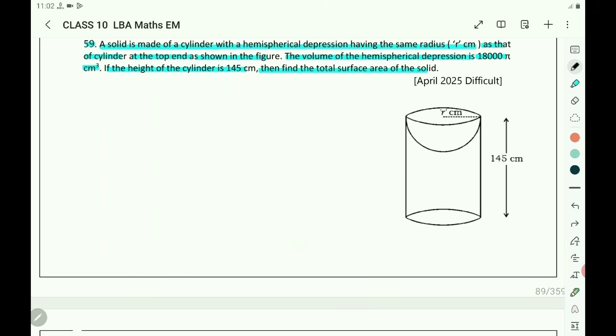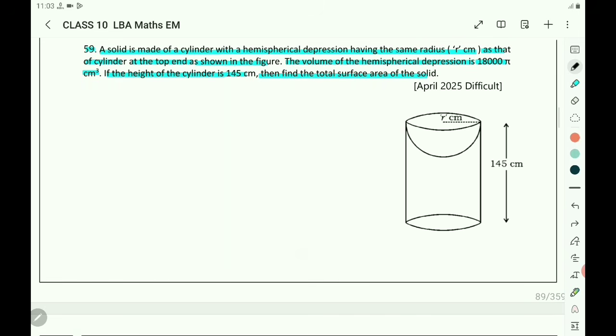To find the CSA of the cylinder, R is required. The radius of the hemispherical portion becomes the radius of the cylinder and the radius of its base. Then how will you get the radius? Radius is not given, so we have to find it out.